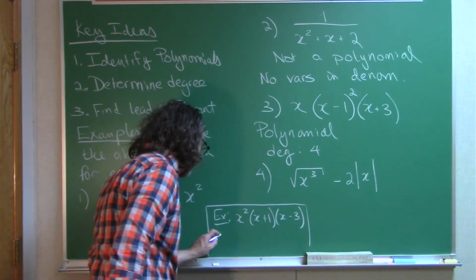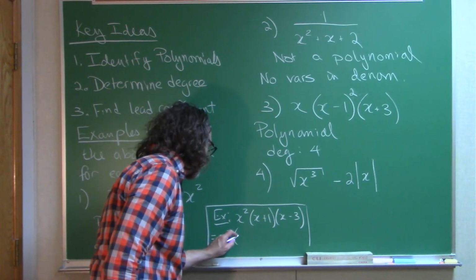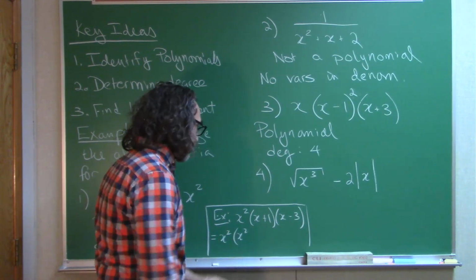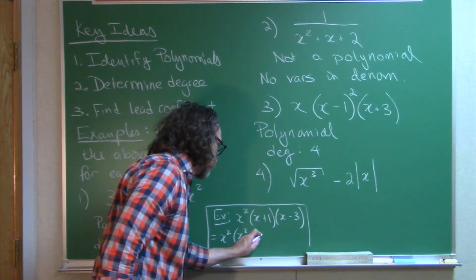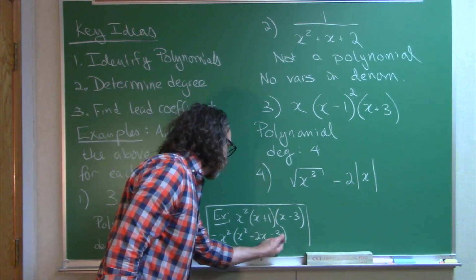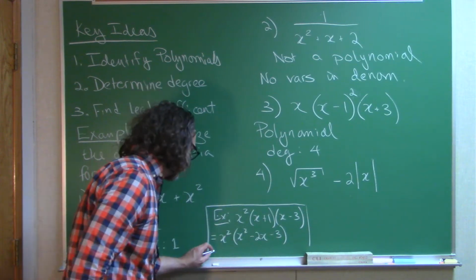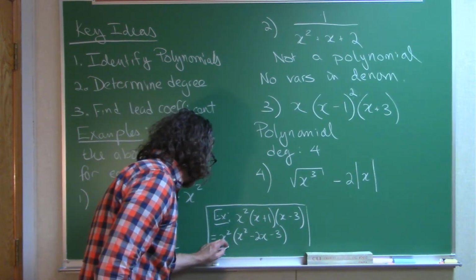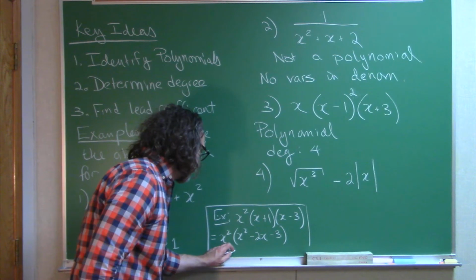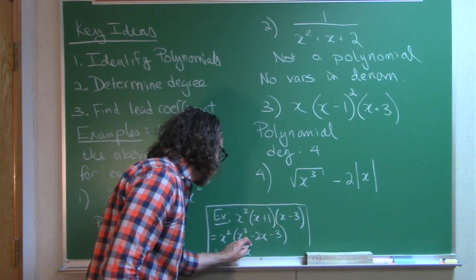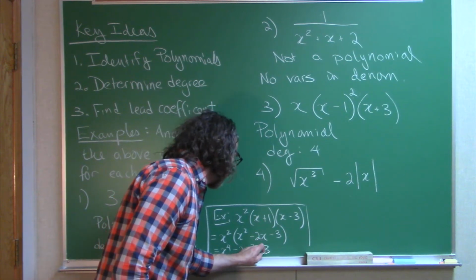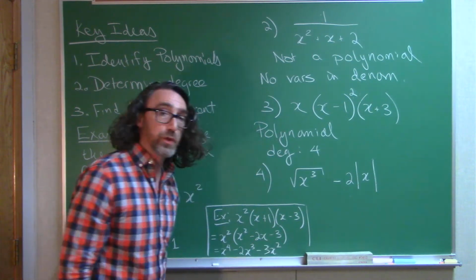If I take those two binomials and multiply them out, x squared minus 3x plus x is minus 2x. So I get x squared minus 2x minus 3. And then when I multiply in the x squared, I get x to the power 4 minus 2x to the power 3 minus 3x to the power 2.